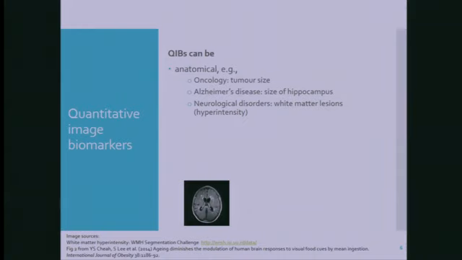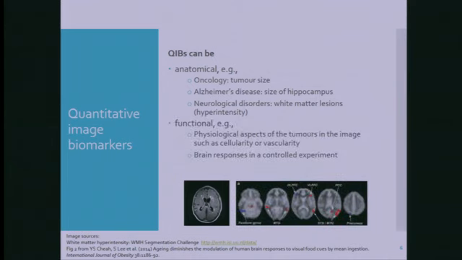And in Alzheimer's disease, the size of the hippocampus has always been one of the QIBs to look at, as this is associated with memory. And in neurological disorders, white matter lesions are shown in the images here. You can see there are some white lesions, so-called hyperintensity, and this is one of the quantitative image biomarkers as well.